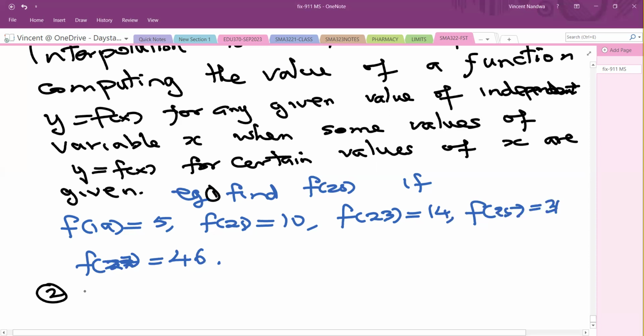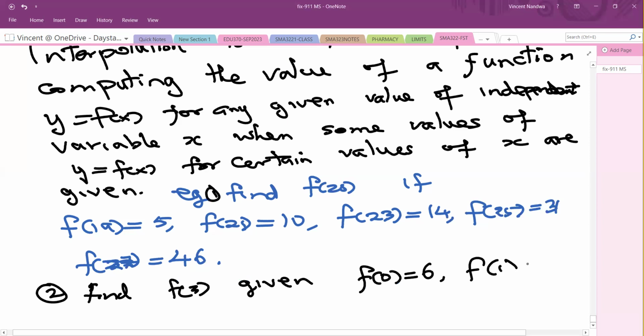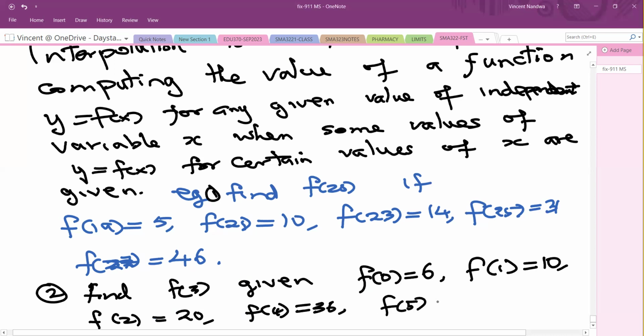Or find f of 3 given f of 0 is 6, f of 1 is 10, f of 2 is 20, f of 4 is, say, 36, f of 5 is, say, 49.